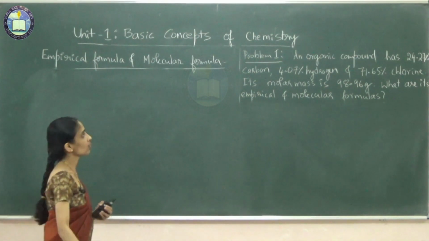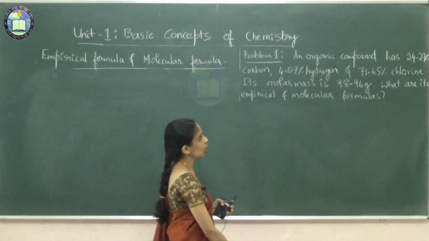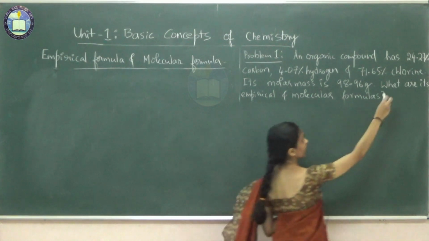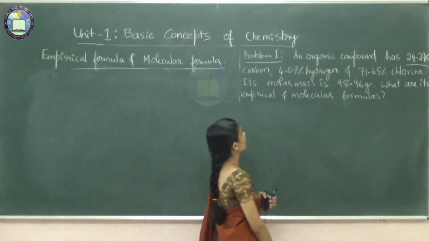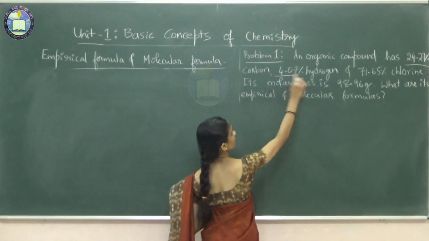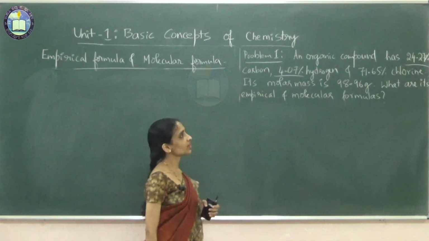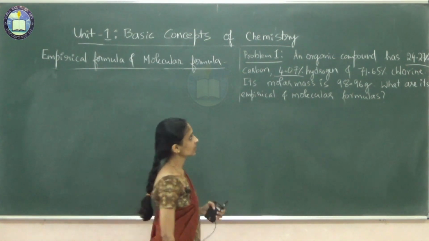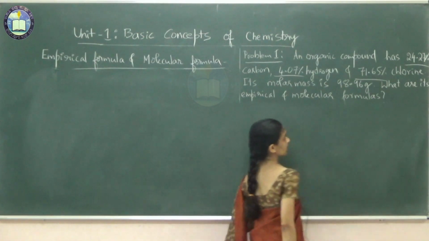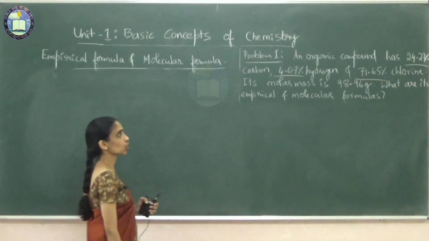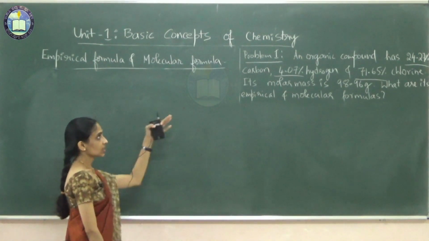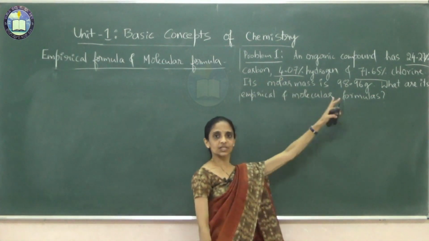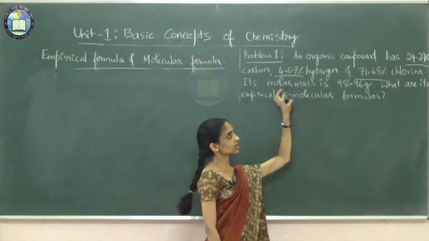Let me read out the problem. An organic compound has 24.27% carbon, 4.07% hydrogen and 71.65% chlorine. So mass percent or percentage composition is given to you.